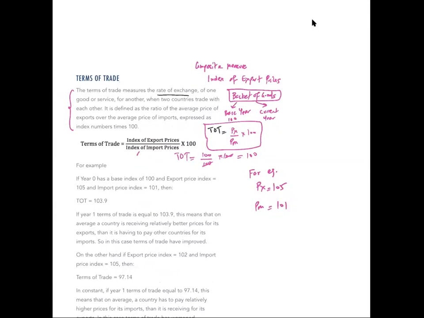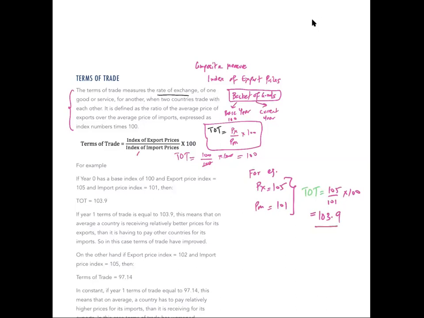So if export prices are rising faster than import prices, my terms of trade will turn out to be 105 over 101 times 100, which, if I use my calculator, will be 103.9.